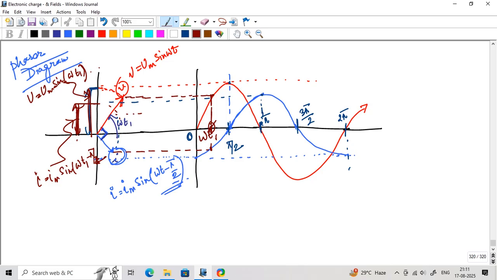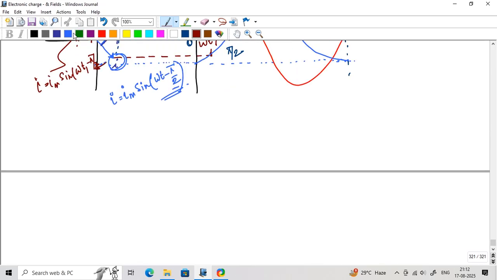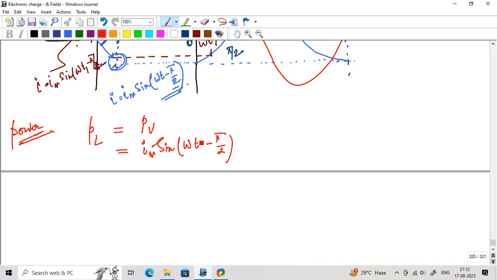Now keep in mind, we calculate the power across the load. So power PL across load is equal to current times voltage. Here I equal to Im sine omega t minus pi by 2, and V equal to Vm sine omega t.